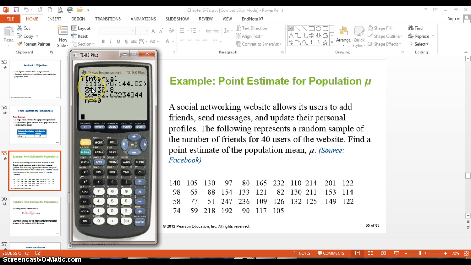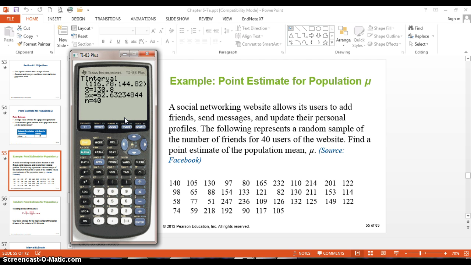And there you go at the top. So we're 90% sure that the average number of friends a person has on Facebook is between 116.78 and 144.82. And you can see underneath it, the x bar, they tell you the sample mean, which is 130.8, and the sample standard deviation of 52.63. So if the homework asks you what's the sample mean and what's the standard deviation, the calculator will do it for you at the same time.